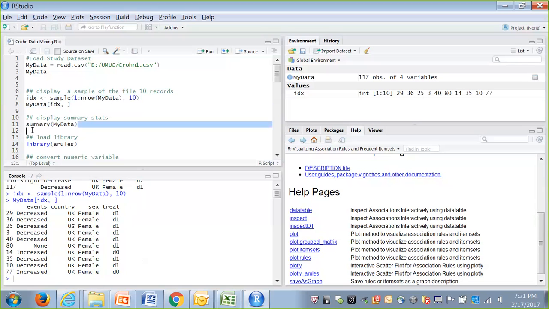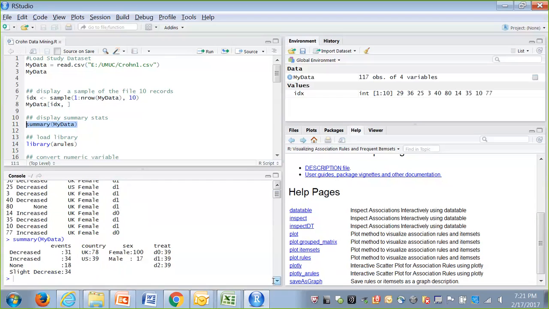When we do a summary, which I think everybody should be able to do, it gives you a little more stats on what's in the data set. What we can see here are the treatments, and these are the groupings of the treatments. We have our breakdown in terms of the sex of the patients, countries, and how many events have increased, how many have decreased, how many have had no change, and some of them had slight decreases.